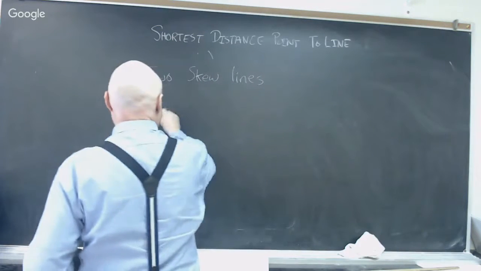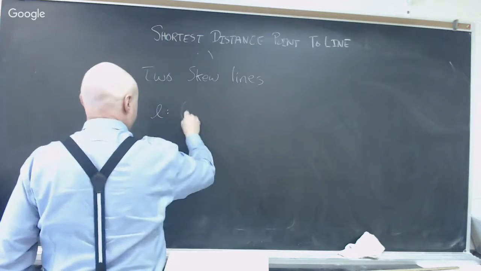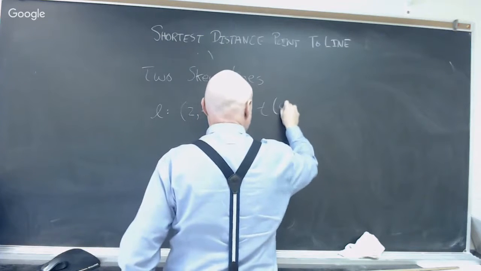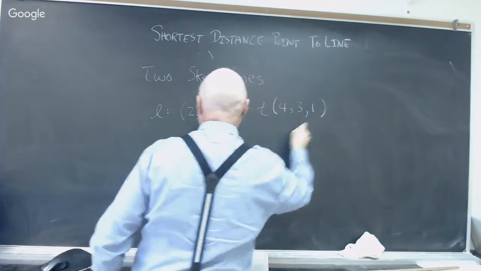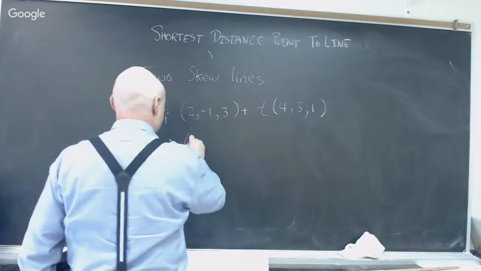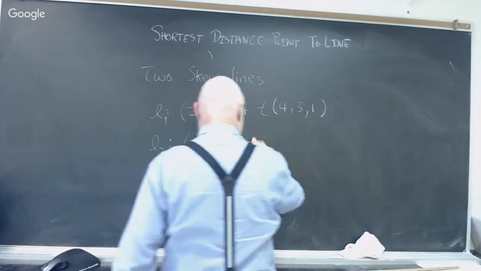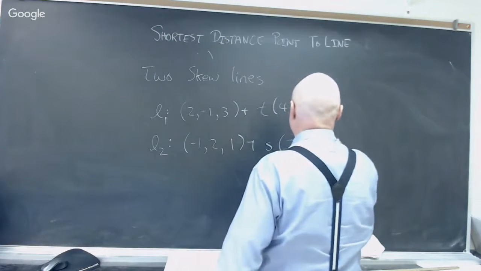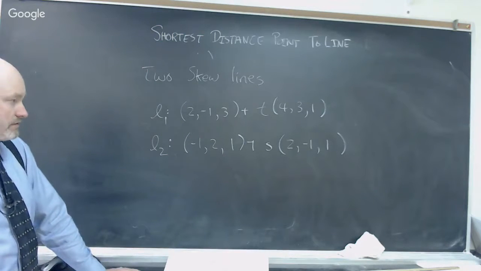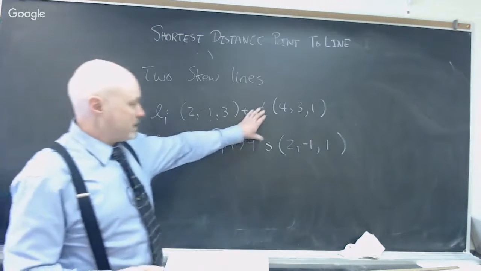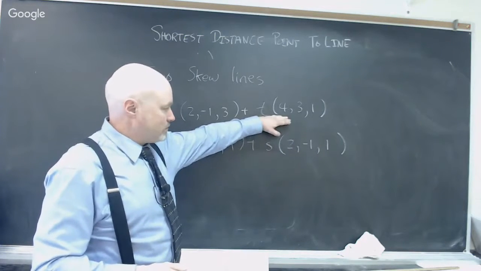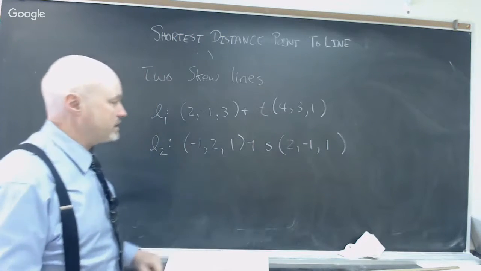Line 1 has position vector 2, -1, 3, plus t times 4, 3, 1. Line 2 is -1, 2, 1, plus s times 2, -1, 1. These are definitely skew lines. I can tell very quickly just by knowing that this one is not a scalar multiple of that one.